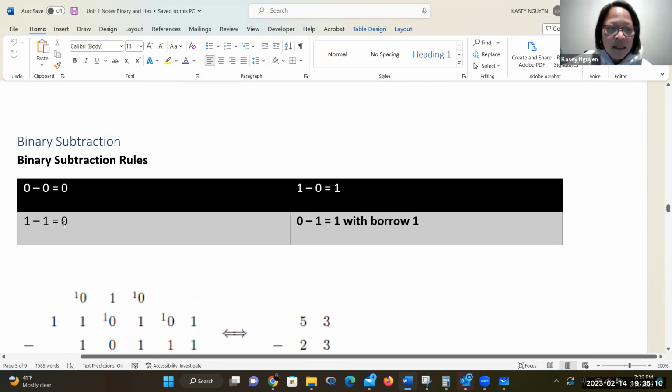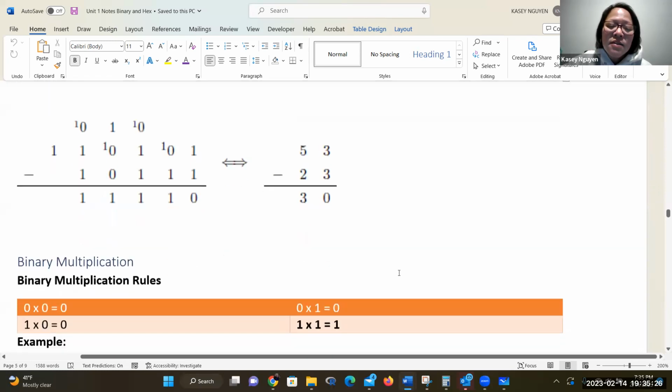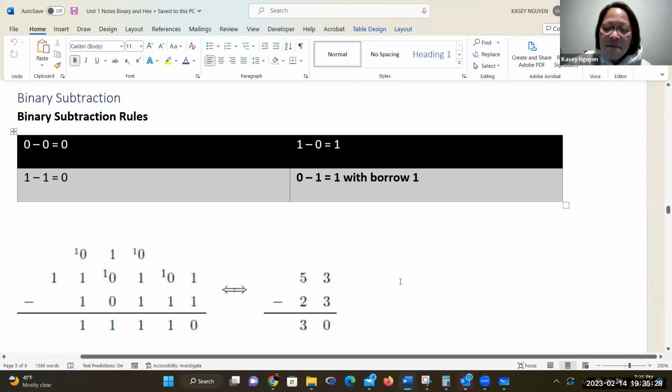A 1 minus a 1 is a 0. A 0 minus a 1 is a 1 with a borrow 1 because it's less than 1. So when we subtract, we have to borrow a 1 from the left column and subtract it. Okay, so that's the example.